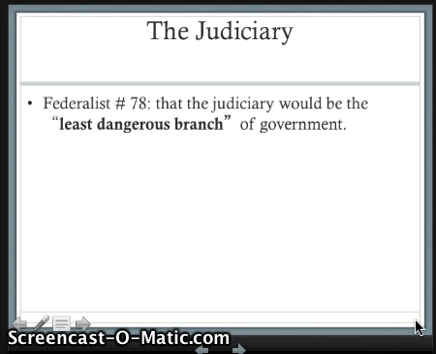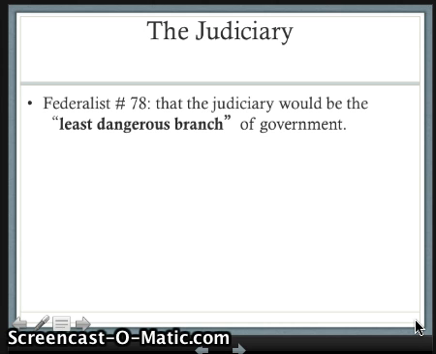The judiciary is supported by Federalist Paper number 78. As you may recall from very early on, Federalist Papers are the essays that were written during the time when they were trying to ratify the Constitution, supporting why the Constitution should be the way it is.